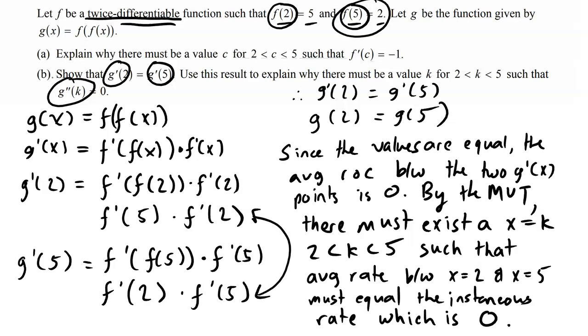Hopefully it made a little more sense. We're jumping into more abstract, numerical and analytical problems, not the graphical ones like in the previous video. This is the justification you would need to show. You first need to show that the mean value theorem can be used, and then find the average rate of change and prove that there must be a value within that interval where the average rate equals the instantaneous rate.